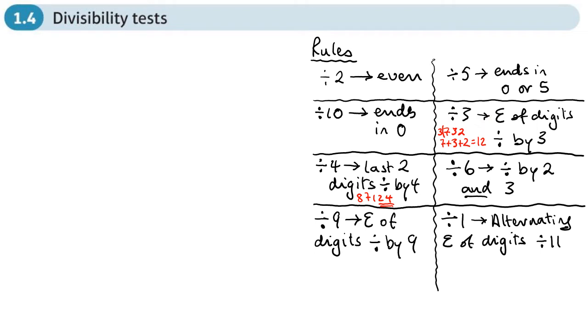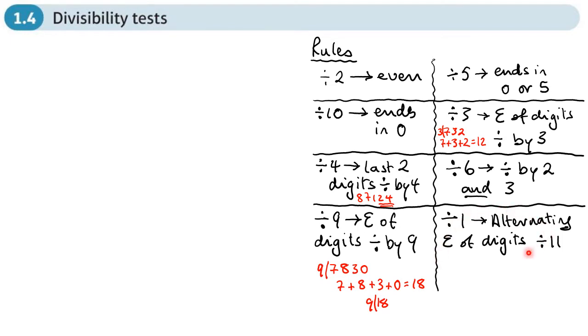Let's say we had 7, 8, 3, 0. If I add those digits up, 7 plus 8 plus 3 plus 0, that's 18. 18 can be divided by 9, which means that the original number is divisible by 9.